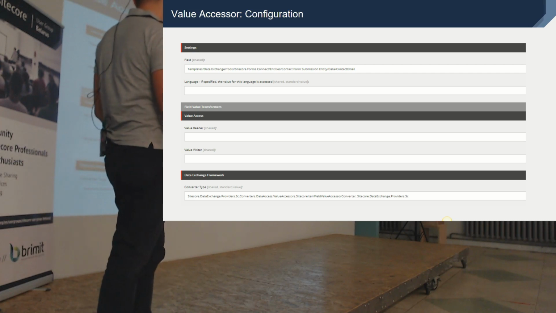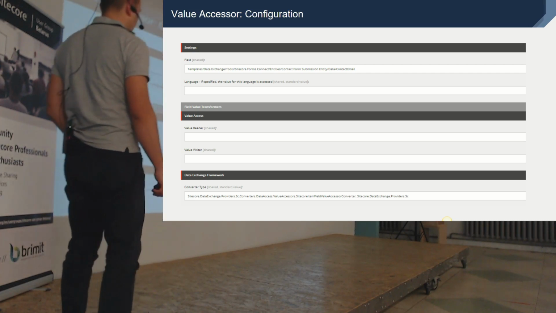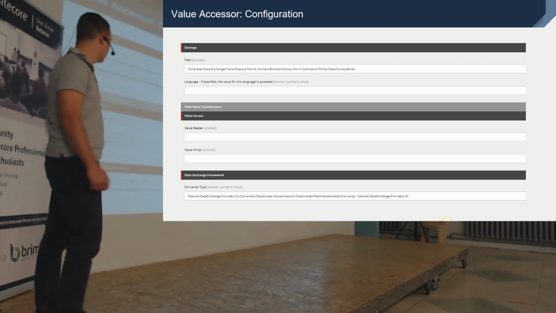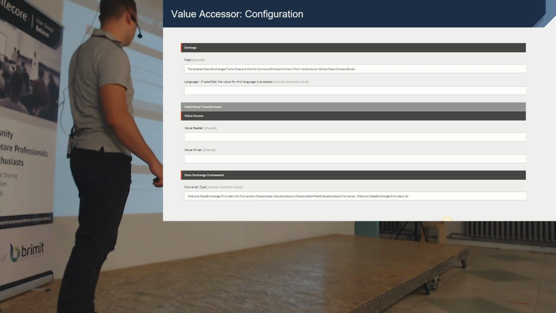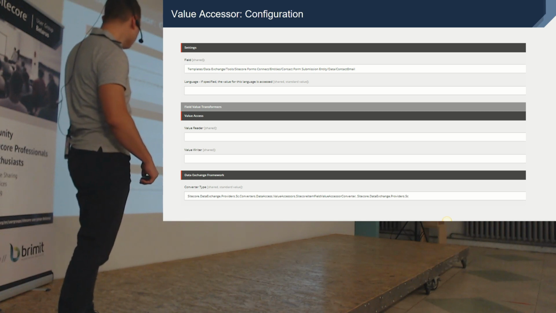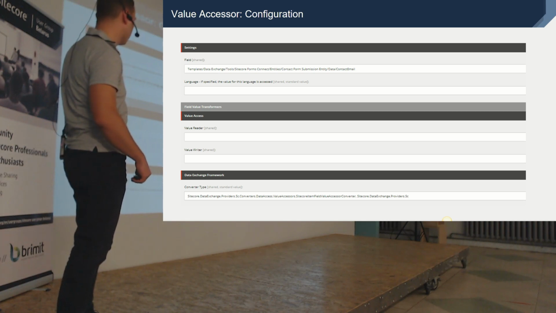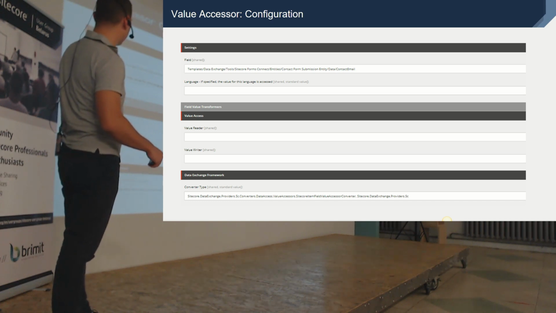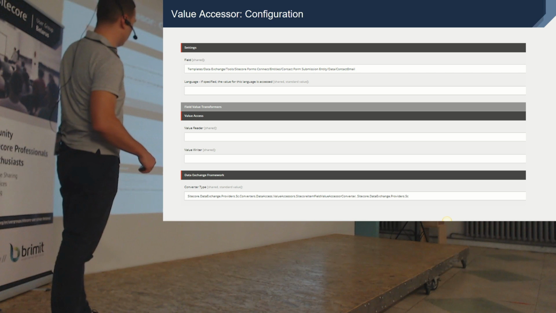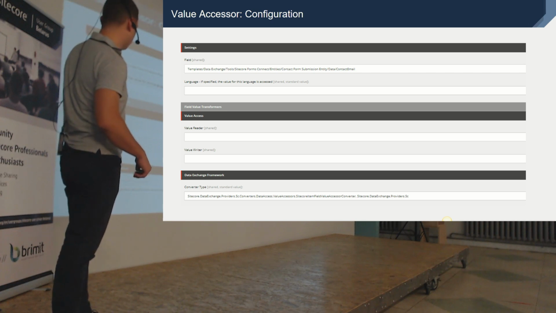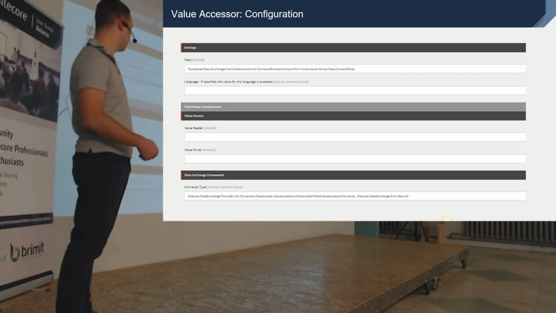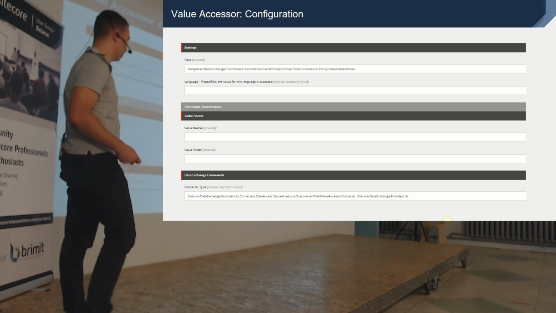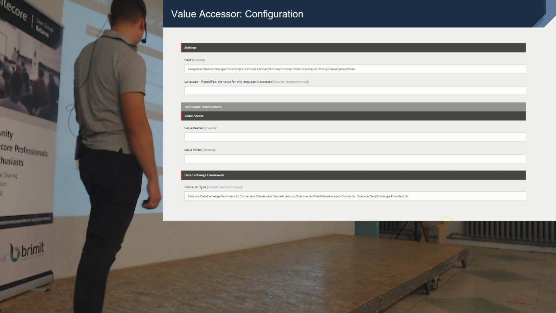And there is one important field, the converter type. If you implement your own value accessor, you will need to implement this class, and this class can read all the other fields from the value accessor item and transform them into the object that the value reader expects on the input.